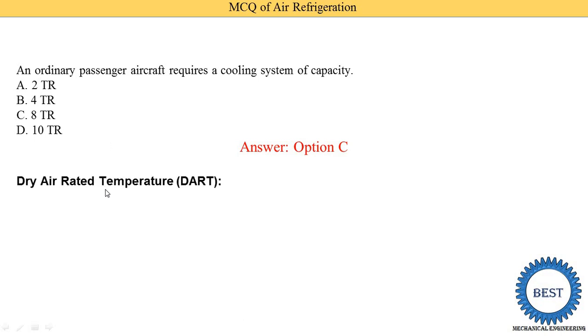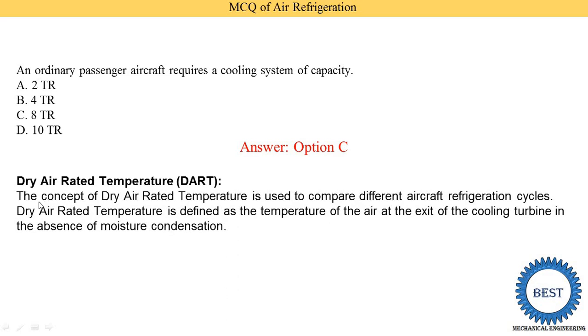Now here it is not an MCQ, but it is possible to be asked in different university exams. What is DART? Or you need to give the full form of DART for an air refrigeration system and why it is used. So the full form of DART is dry air rated temperature. This concept is used to compare the different aircraft refrigeration cycles.